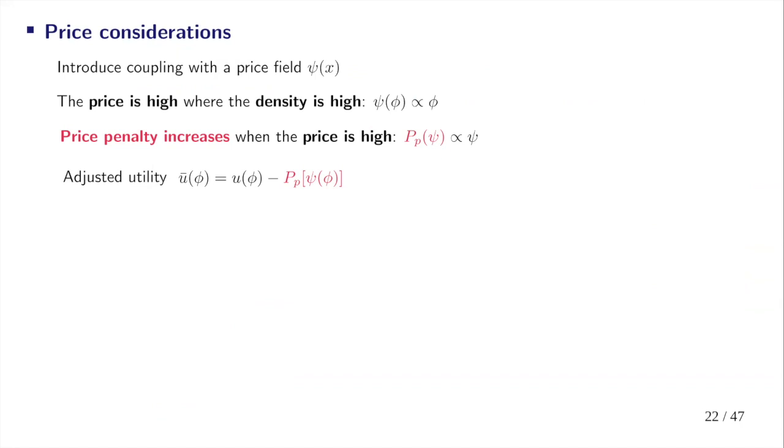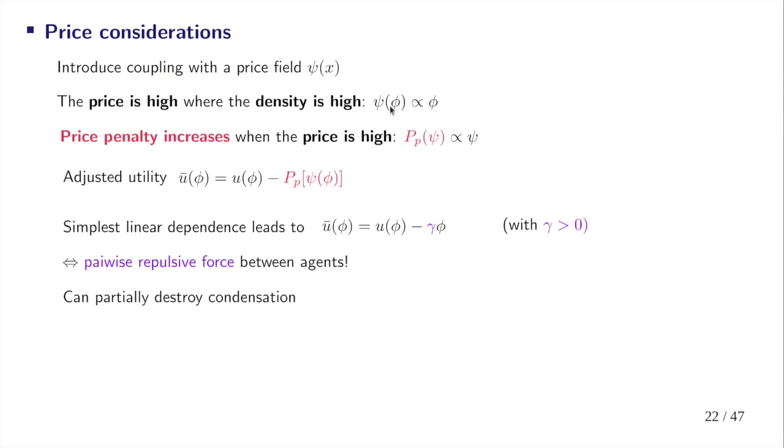So you could imagine that you have a penalty when the price is high, and you adjust the utility as a function of this penalty. So psi is the price field. And as I said, you assume that the price, so the penalty, is proportional to the price, that is proportional himself to the density.